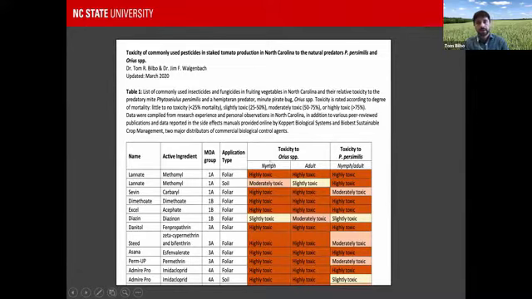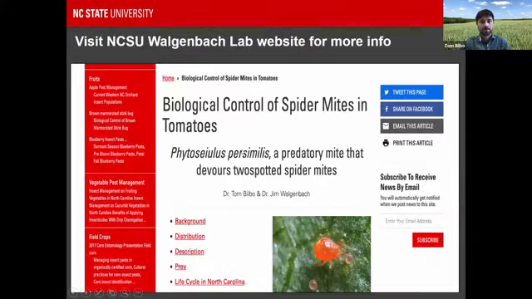Persimilis here on the right, and the minute pirate bug, which is a really good thrips predator in peppers and other crops. So that's just an example. You can go to the website and find this chart we have. We have a whole page on there about Persimilis, describing a lot of this work further. So yeah, definitely go and check that out.